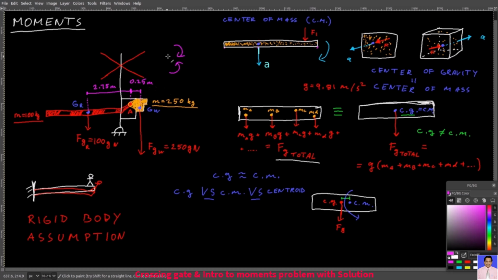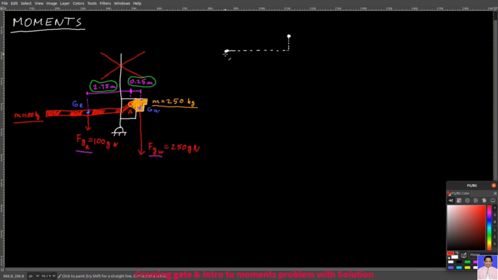And now this tendency of rotation, what does it depend on? Well, it obviously depends on the forces, right? It depends on FGR and FGW, but not only. It also depends on the perpendicular distances between the forces and point A. For example, this point here, that's your GR, and this point here, that's your A. This is this case here.